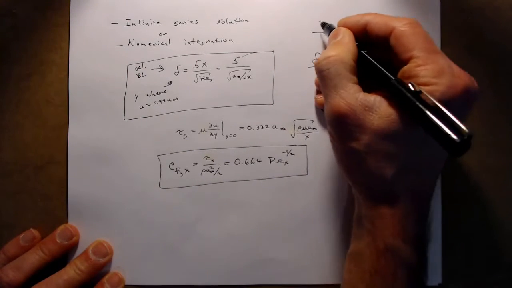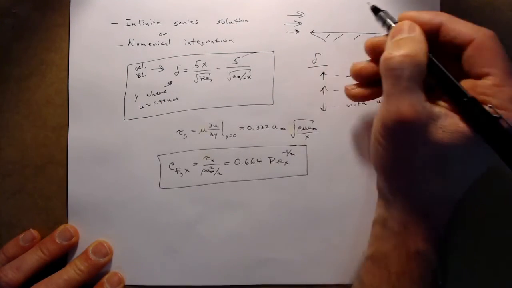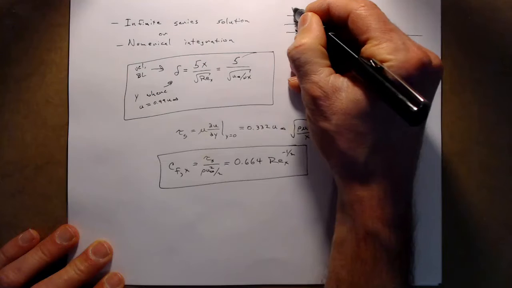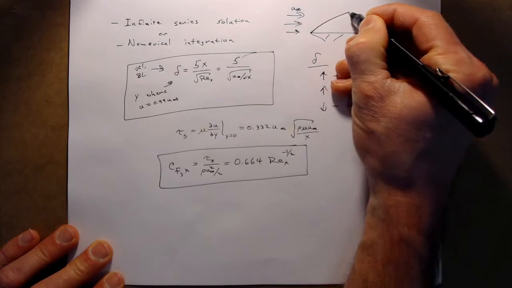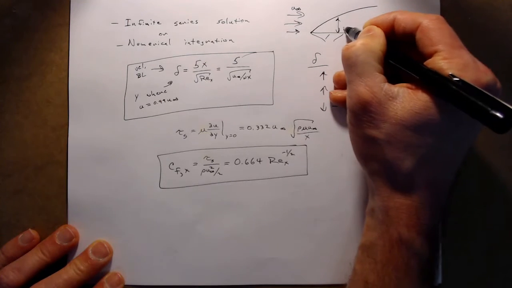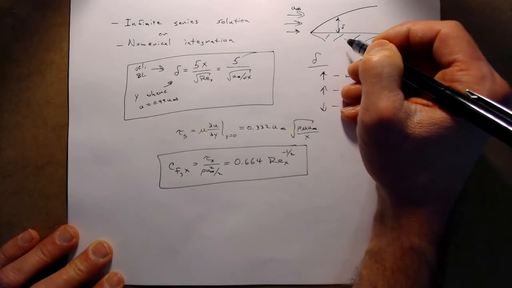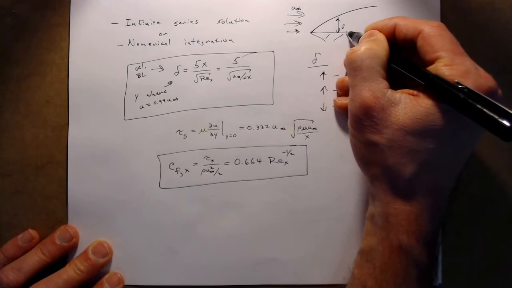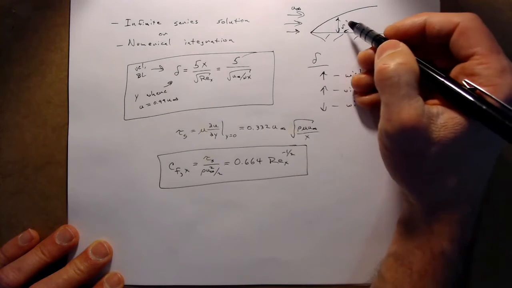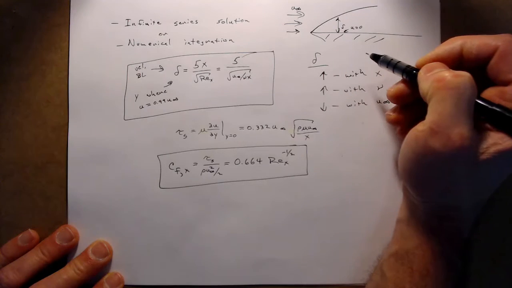So if we have a surface and it's experiencing flow, right at the leading edge of the surface the velocity infinitely close to the surface is equal to the free stream velocity, and as the surface robs the momentum of the flow, then the flow slows down farther and farther away from the surface. We know at the surface the velocity is equal to 0 because of the no-slip condition, and that drag the surface imposes on the flow propagates deeper and deeper into the flow.